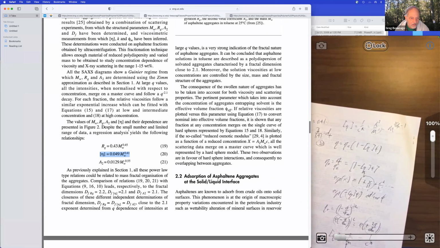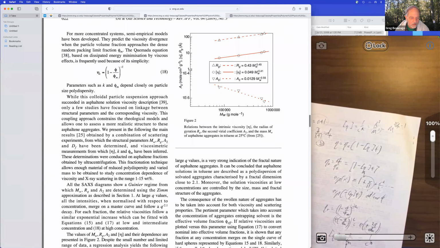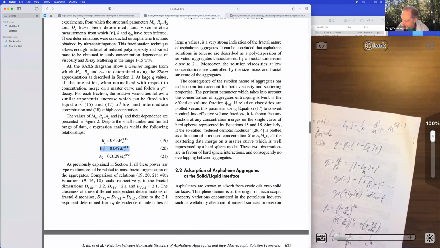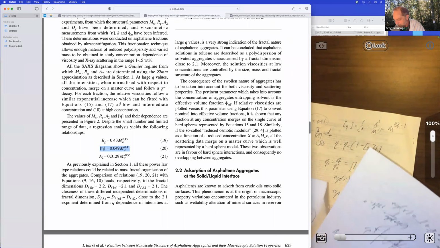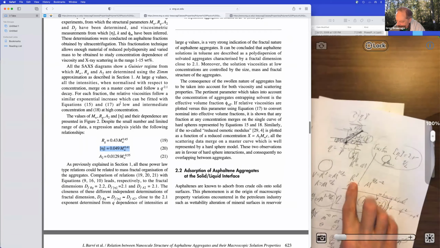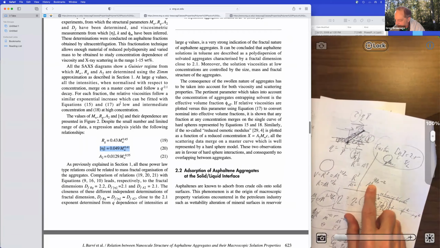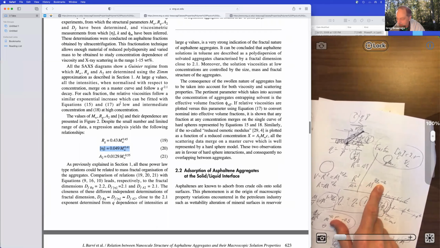21 is a thing for A2 that we got before somewhere here. 21 I got already for some function for A2, right? A2 m is this thing. So it's r cubed over m squared gives m to the, let's see, r is m to the 1 over df. So it's going to be 3 by df minus 2.